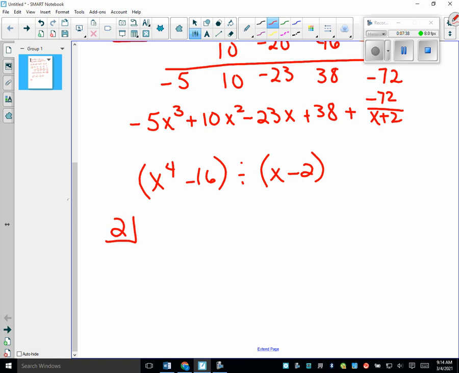A 2. Now, what are my coefficients? 1. Do you agree?